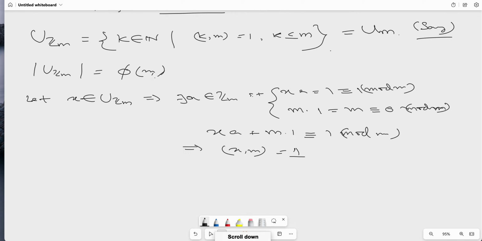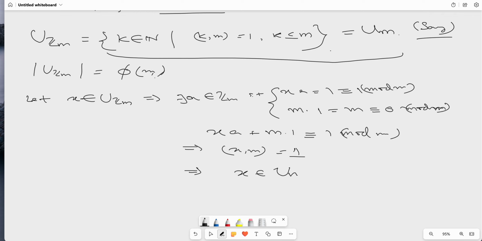So this means that x is an element of the set I have assumed, Um. This means that U of Zm is contained in Um.